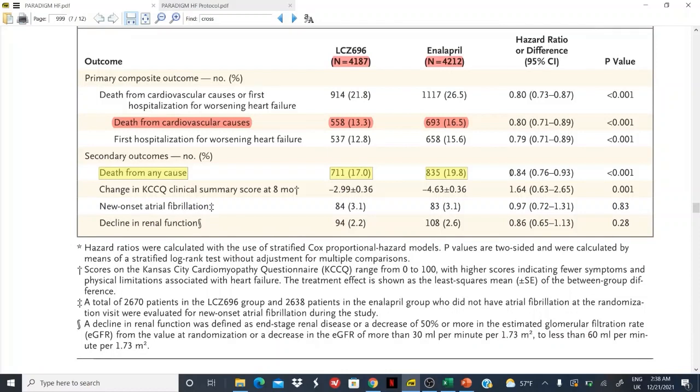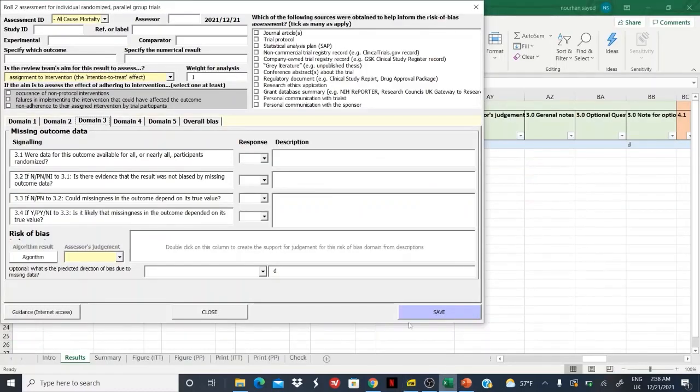And if you go over to the Excel sheet and type in yes, there was enough data for most participants, it's going to block the rest of the questions, because the rest of the questions are only relevant if there was sufficient missing data to the point where it may possibly overturn the result, right?